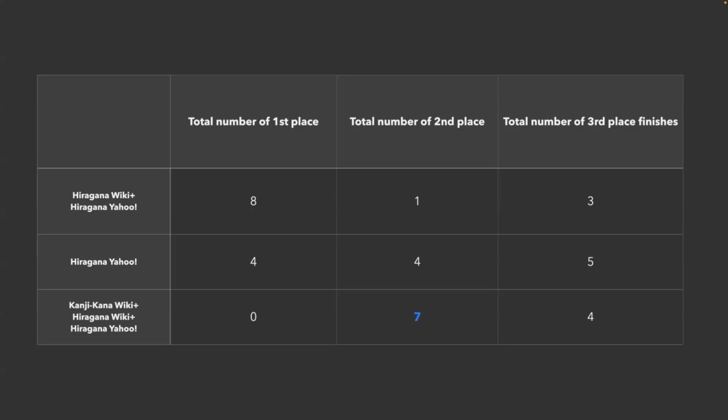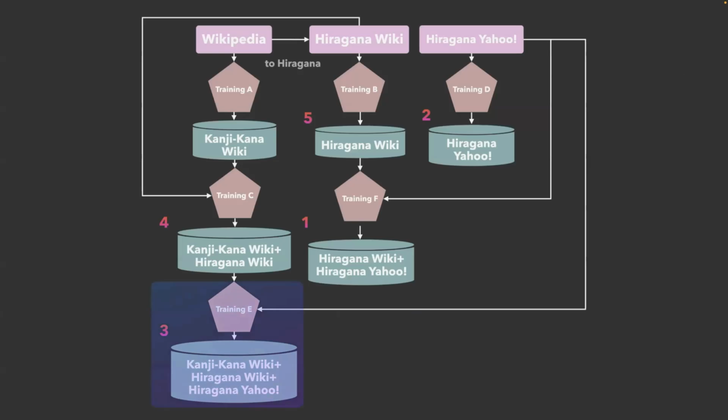However, this model got second place 7 times, the most of all the models. We believe that this model has trained on the largest number of corpora and is able to handle a large variety of corpora. In exchange, the overall accuracy is a little lower than the other two models, making it the third most accurate overall.